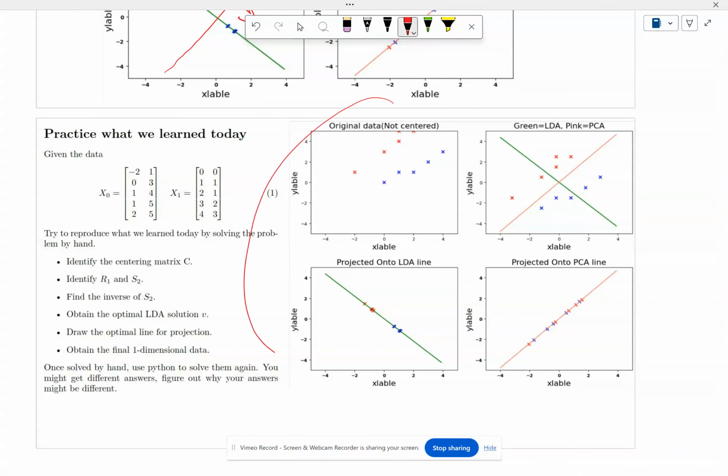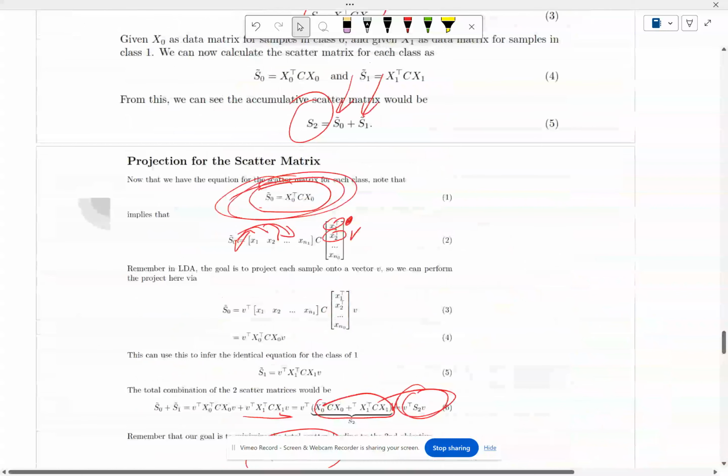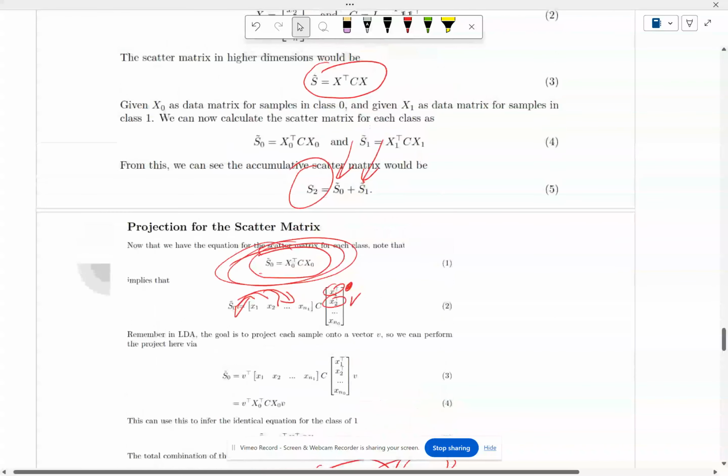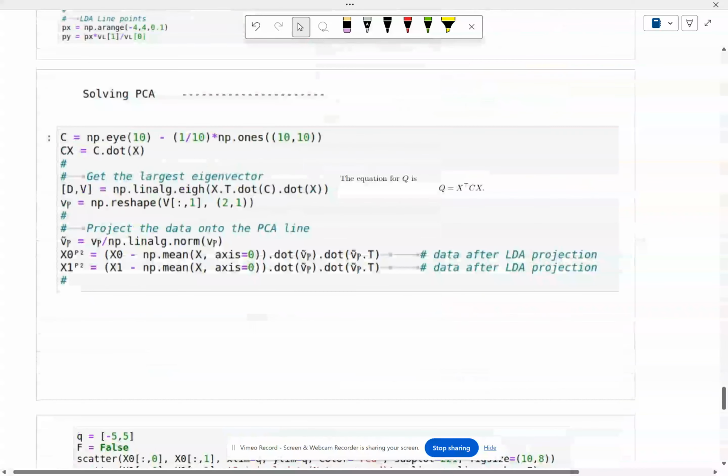If you can reproduce this with both PCA and LDA, then you would really understand the ideas. And the derivation for LDA, which is the origin background story, I would like you to learn it. The math, if you step through it step by step, is not really that hard. Come on. I think you guys can do it.